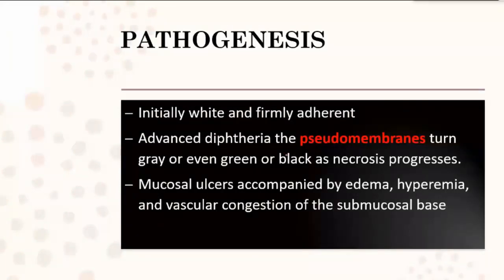This is a secondary membrane over the throat due to the death or necrosis of the cells, shedding of the cells. So initially it will be gray. As the disease progresses, it may become green or black as the cells die and shed. This is with advanced diphtheria. Mucosal ulcers are accompanied by edema as a result of inflammation. There will be ulcerations, edema, hyperemia, vascular congestion of the submucosal space.